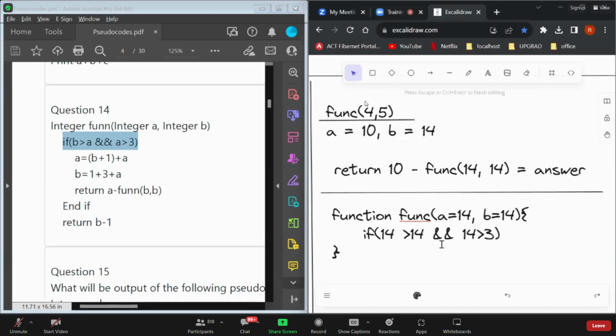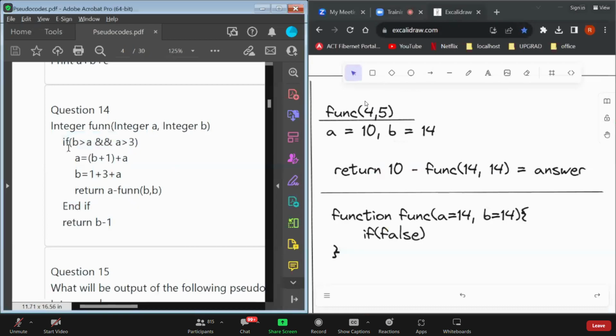You see, 14 is equal to 14, but it's not greater. So this condition will fail. Since one operand is false and you have logical and in between, that means the entire condition is false.